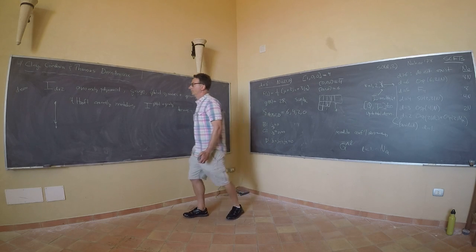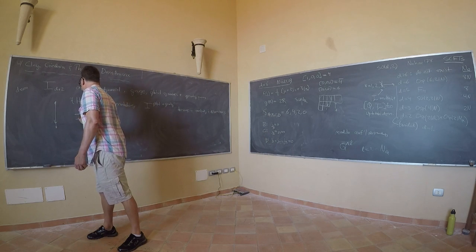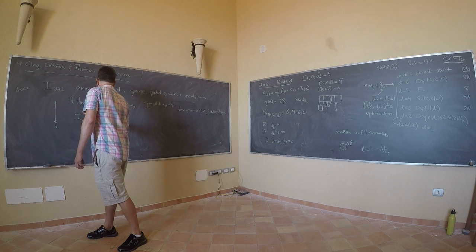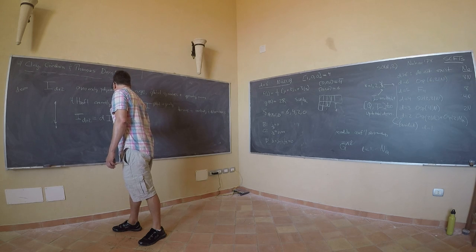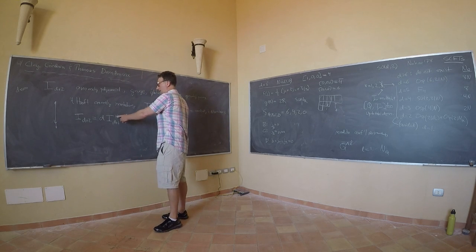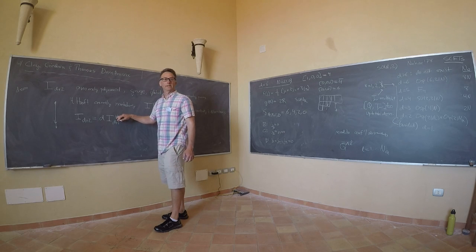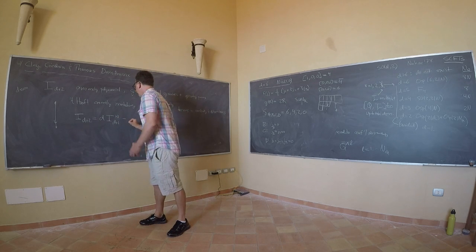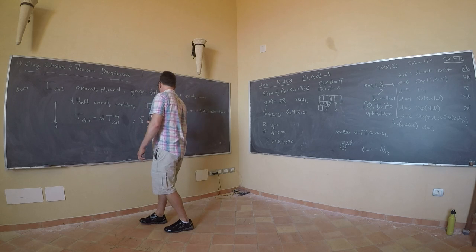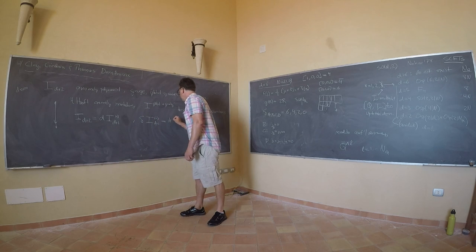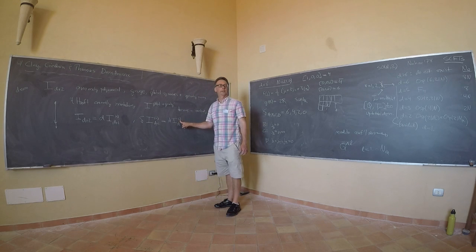And maybe just to remind people, this D+2 form we write as d of a D+1 form, and it's usually written like this because it's zeroth order in some gauge parameter. Then the variation of this D+1 form is d of a D form, which is first order in the variation.